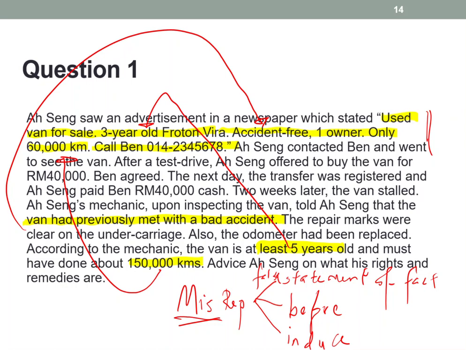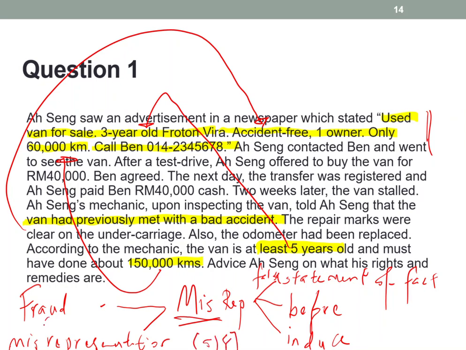Now, there are two types of misrepresentation. One is fraud under Section 17, and the other one is misrepresentation under Section 18. Fraud happens when you purposely lie.